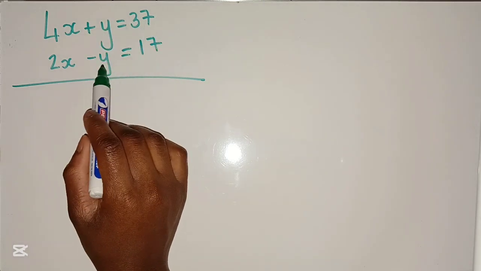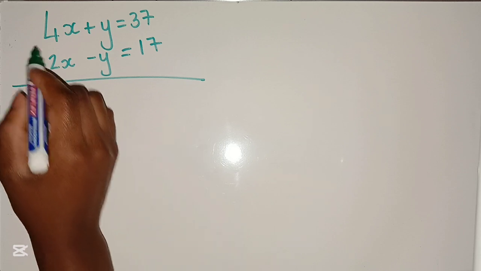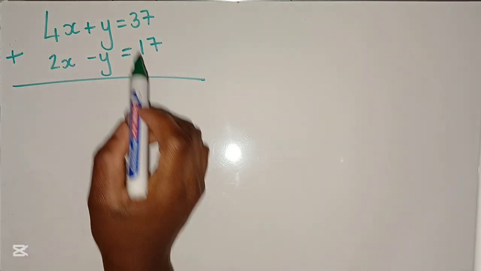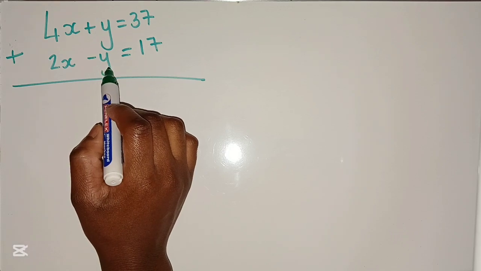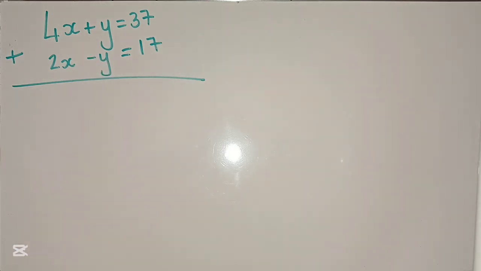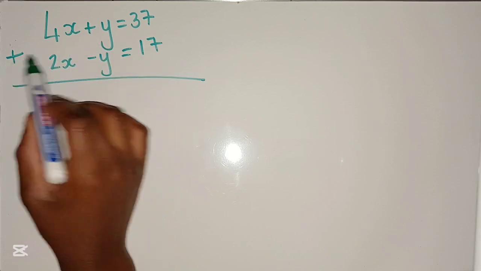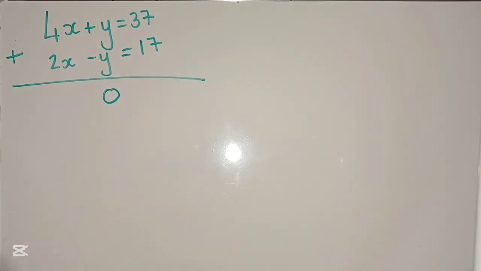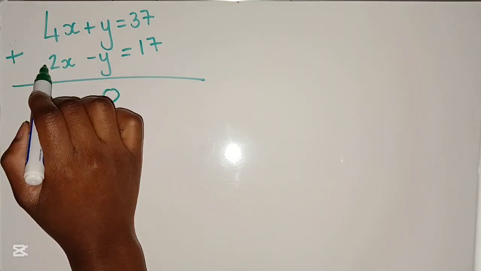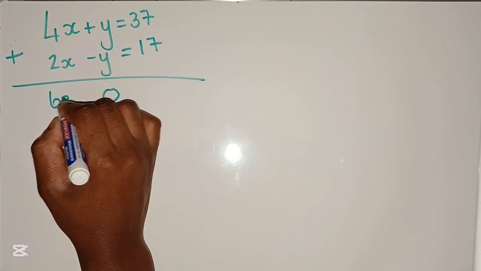Y and negative y. How can I eliminate this? By adding them together, because positive y plus negative y will give you 0, right? So positive y plus negative y will give you 0.